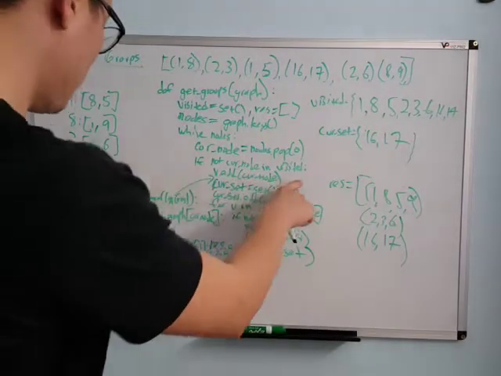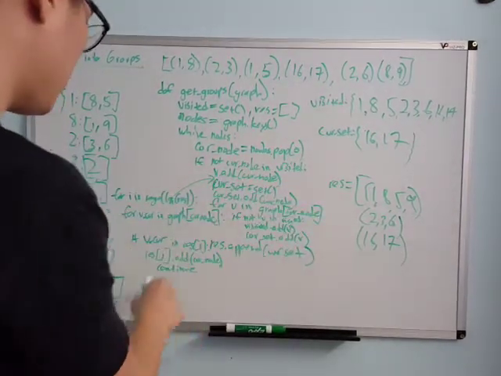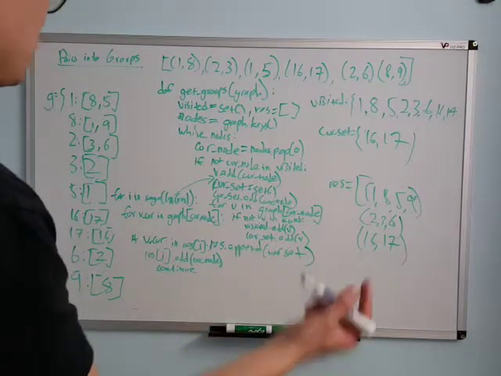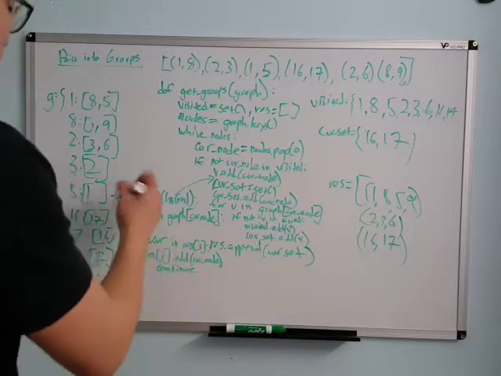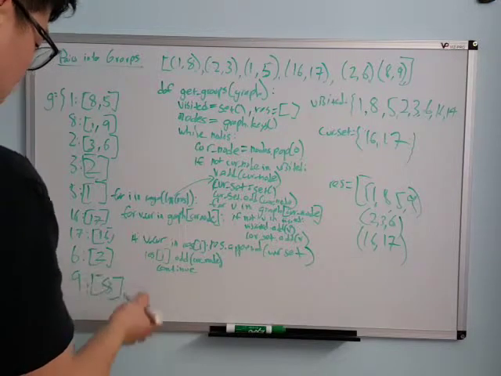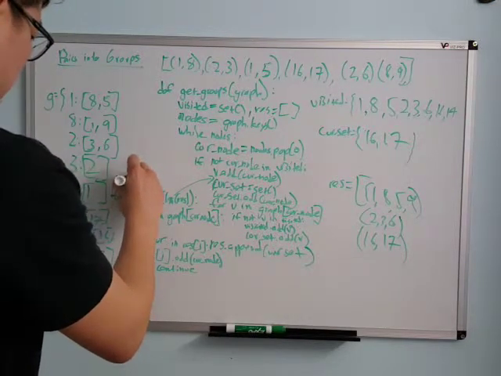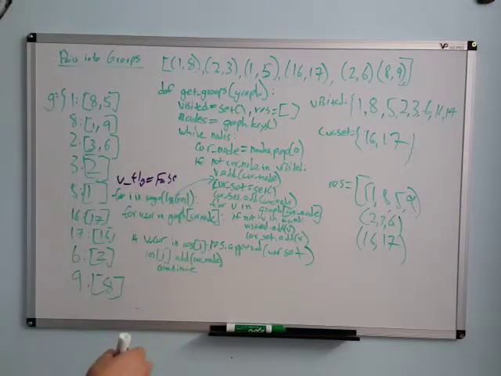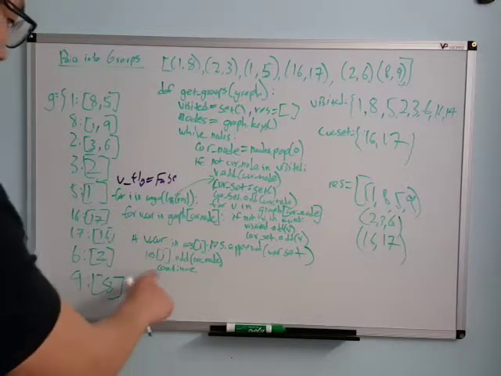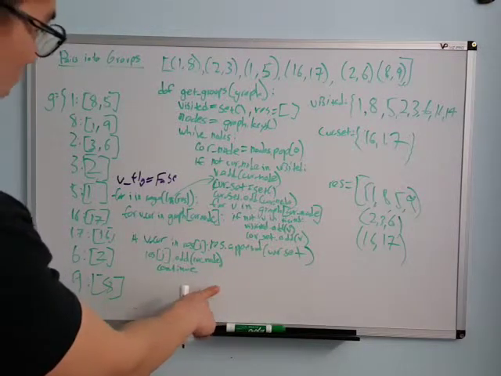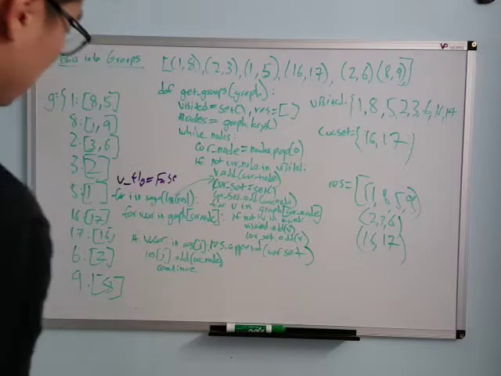Like, so if we're here, not current visited, I guess we could do just a flag. It's checking if it's in there. We'll just do a v flag equals false. And then here we could just set it to true. And since it would now be true, it wouldn't go through this again.